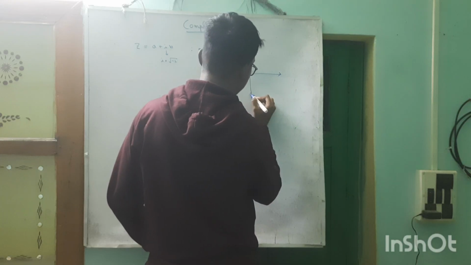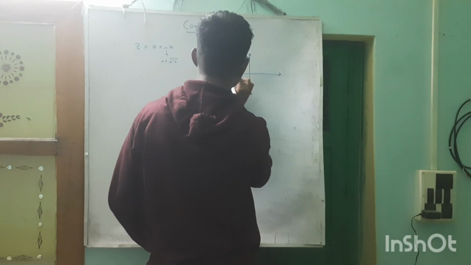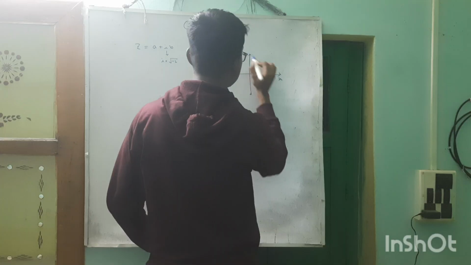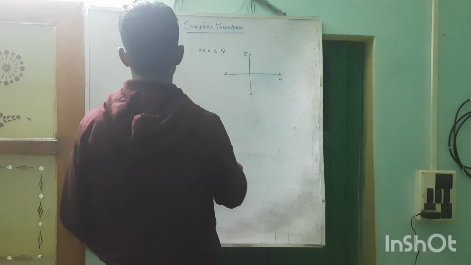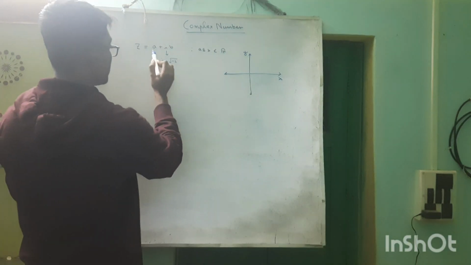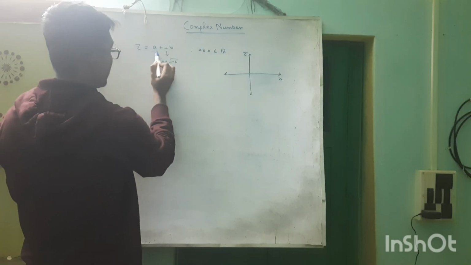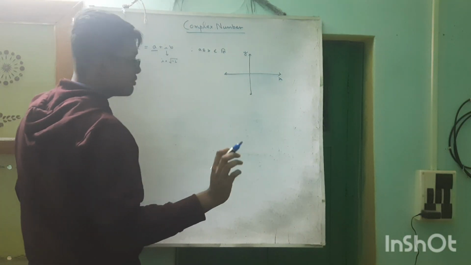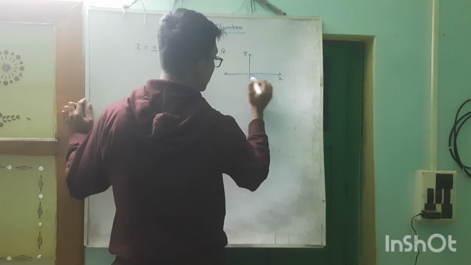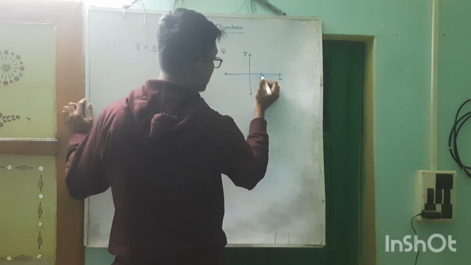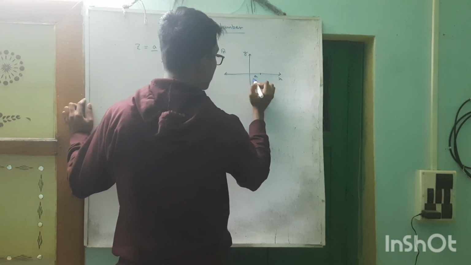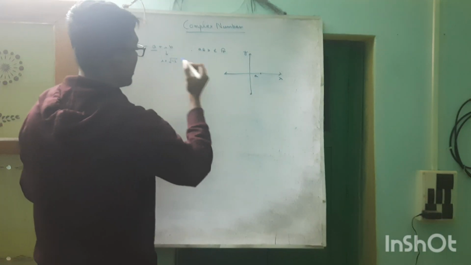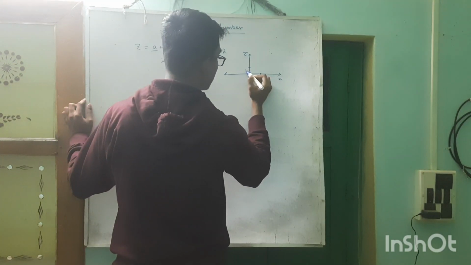So let's see. This is the x-axis, this is the y-axis. If a complex number is a plus ib, a is the real part of this complex number. That means it comes on the real line. Okay, so it is of length a and the other is of length b.